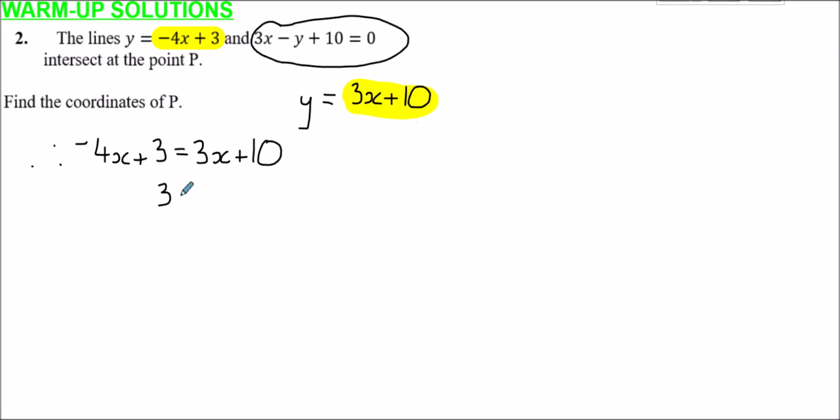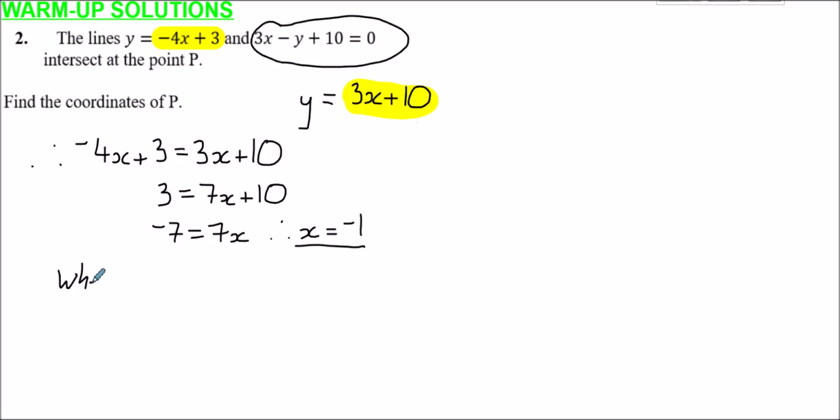So if I add 4x to both sides, I see that 3 equals 7x plus 10. Subtract 10 from both sides gives me minus 7 equals 7x, and dividing through by 7, we see that therefore x must be minus 1. Now, when x is minus 1, we can just substitute this into this expression here to find what y must be.